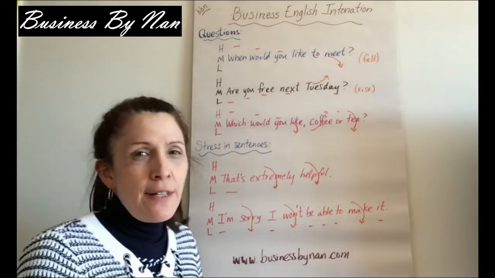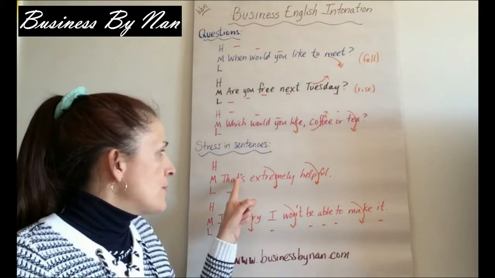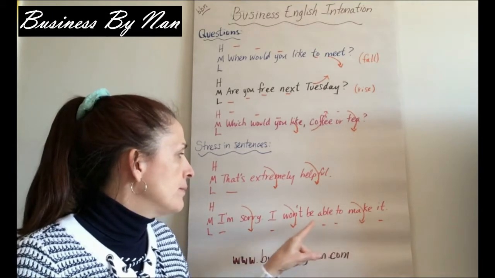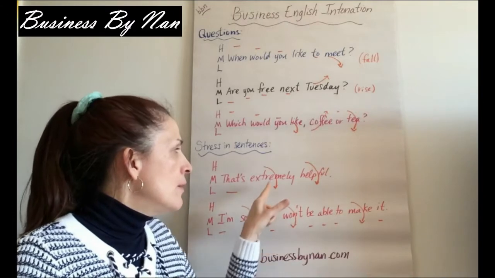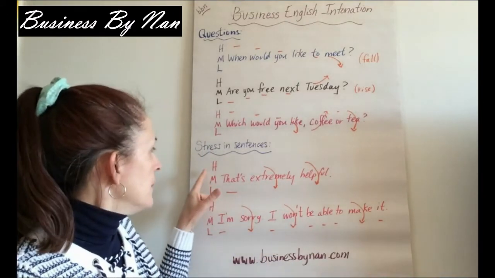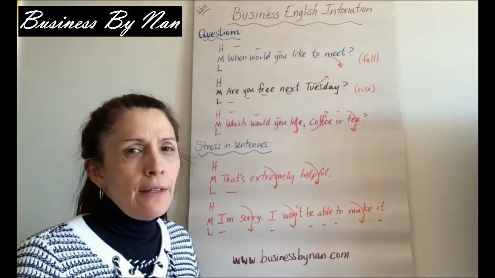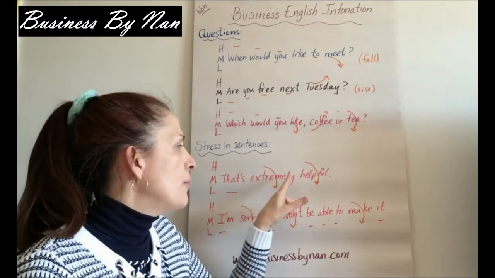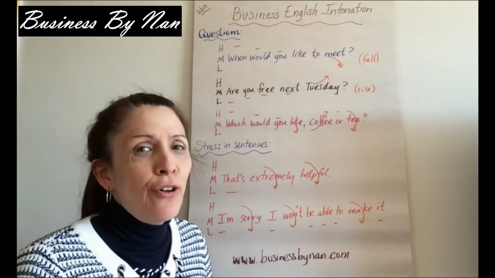Then we have stress in sentences. You'll notice that with stress in sentences, we stress either the important verb, or we stress the adjectives, or we stress the adverbs. Notice for the sentences, we normally start at the low tone, and I have a stress on my adverb and adjective, so I'm going to say that's extremely helpful.